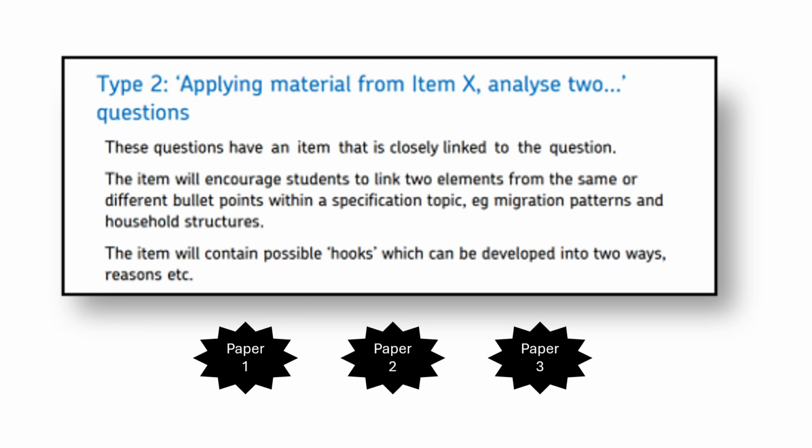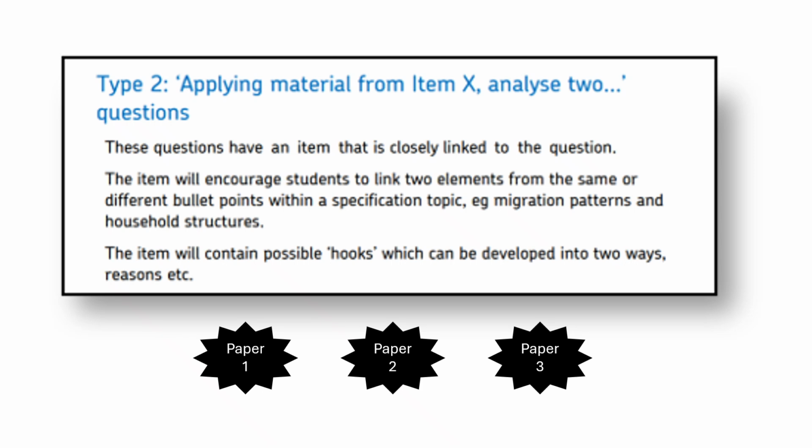It could be analysing to lots of different things, analysing to reasons, to ways, to criticisms. The item will encourage you to link two elements from either the same or different bullet points from the spec. So you might get an analyse to question that's very straightforward. Analyse two reasons why official crime statistics may produce a dark figure of crime. So taking from one part of the specification on measuring crime.